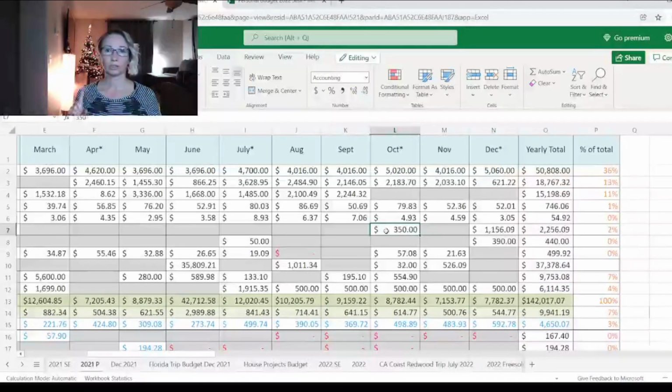Our blood pressure, our cholesterol level, our blood sugar level, our BMI, the fact that we went and saw the doctor, that type of stuff, and we can each earn up to $500. So this year we both earned $350. However, they did not receive my paperwork in time, so I'll be getting my $350 in January.